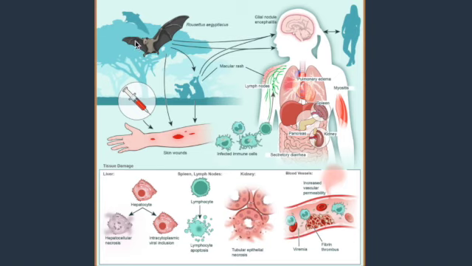Then up here we have the bat coming into contact with a skin wound of some sort, and we also have the other primates here coming into contact. So it sums up that the bat can infect primates and then humans or directly humans. And then from there, once the human is infected, it can also go on to infect other humans.